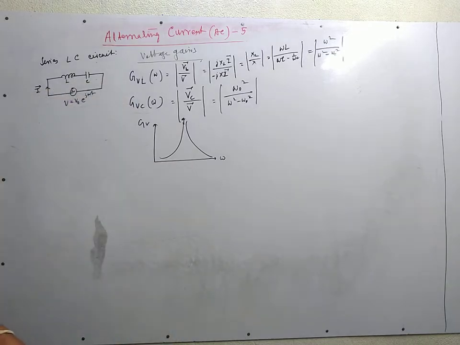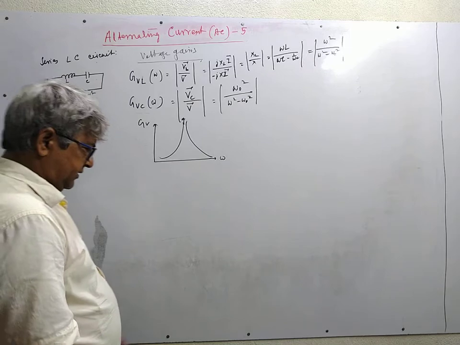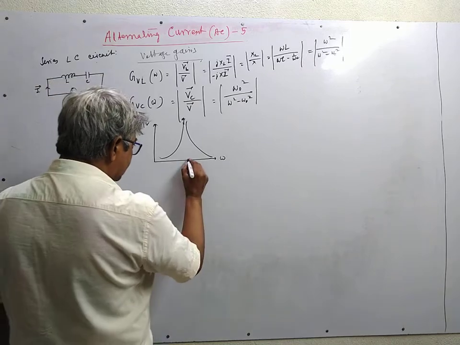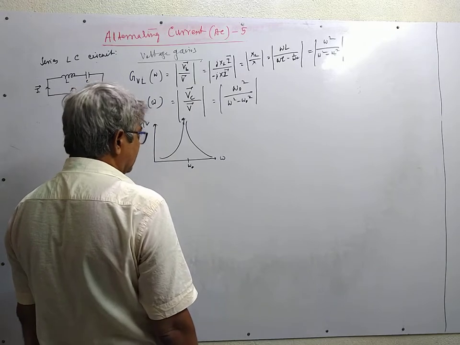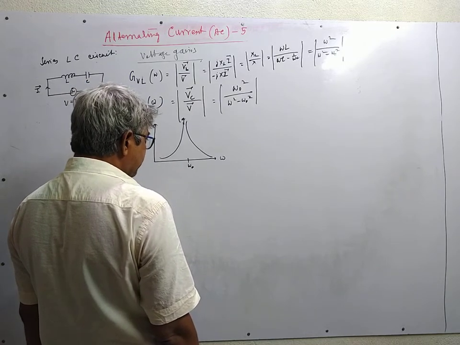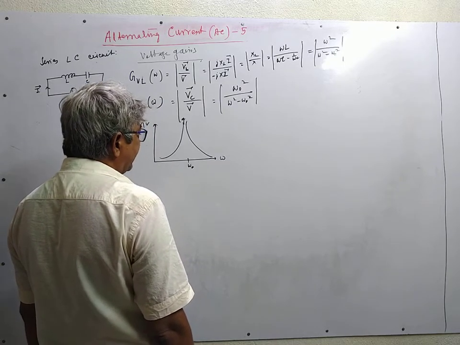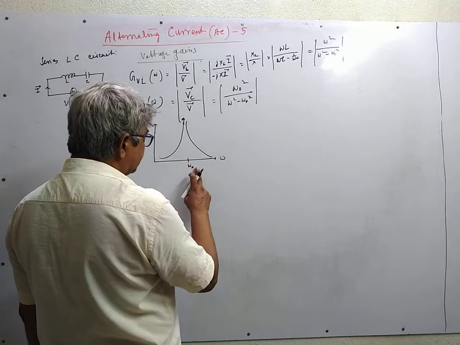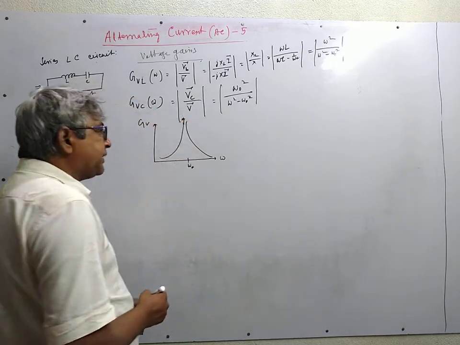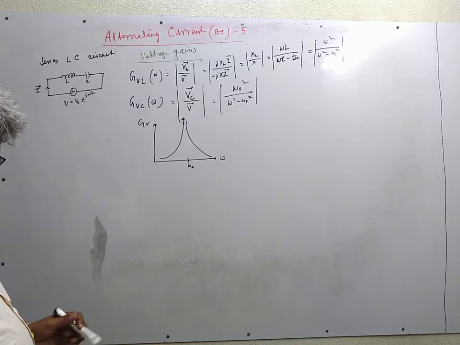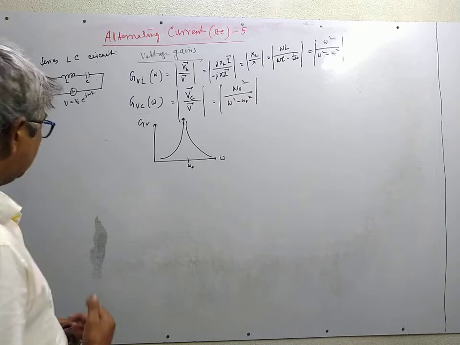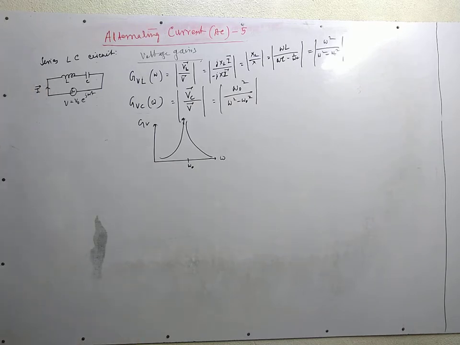It's not symmetric, only asymmetry is there, and this is omega 0. So we see that the voltage gain rises very rapidly to a very high value at omega is equal to omega 0, and this can be used to pick up a particular frequency out of a combination of frequencies. That much with the series LC circuit.